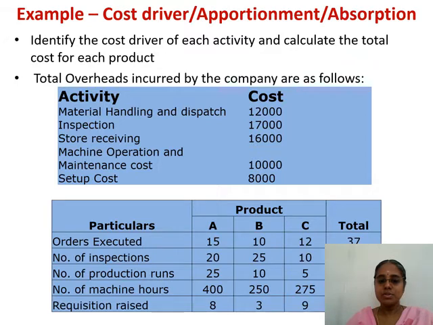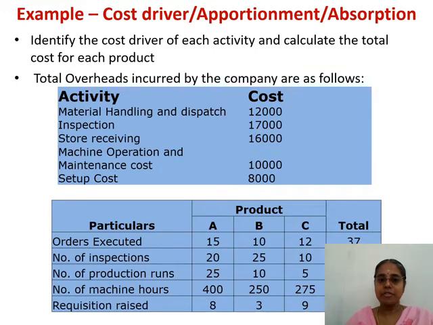So we'll look into this problem now. I want you to take this in your notes and then try to understand, find the cost driver, and then apportion and absorb it to the various products given here.